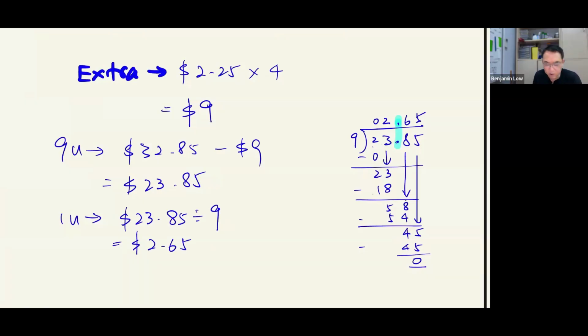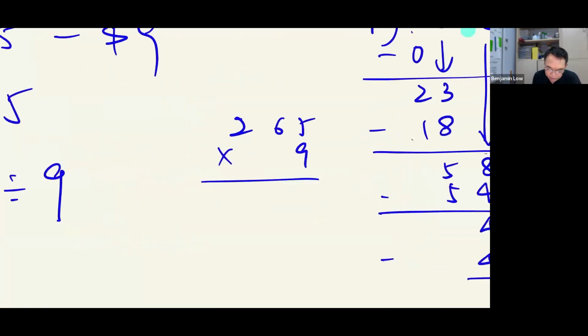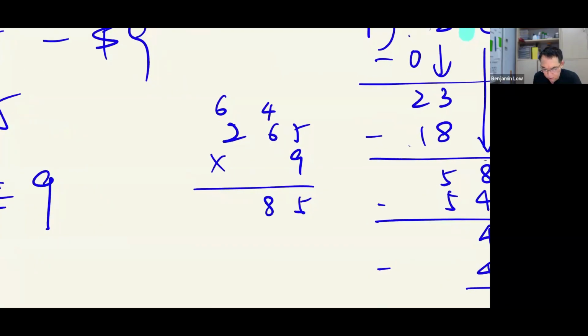Okay, how do you double check if you got it right? Well, you take 2.65 and you multiply this by 9. 5 times 9, 45. 6, 9, 54 plus 4, 58. 2, 9, 18 plus 5, 23.